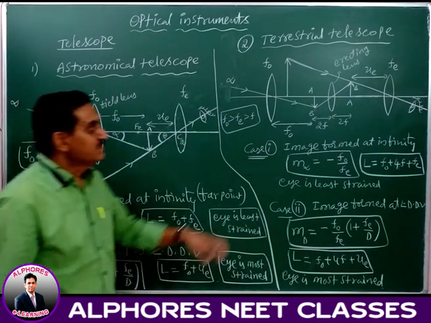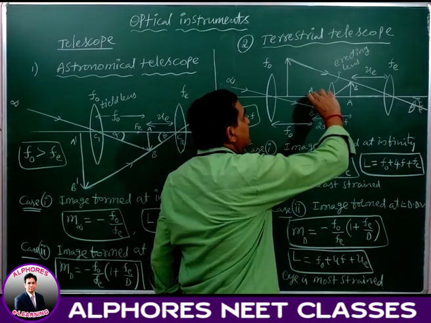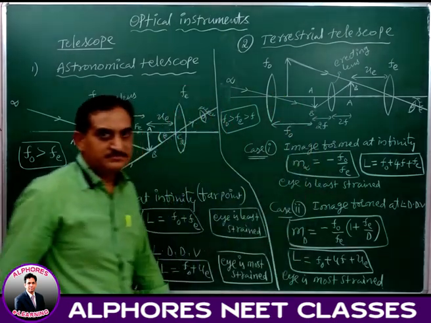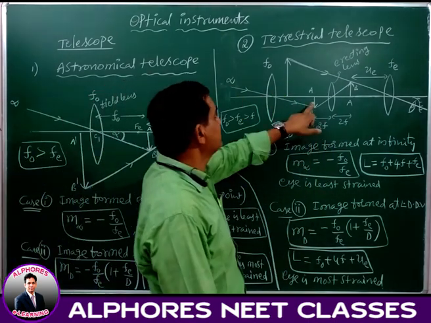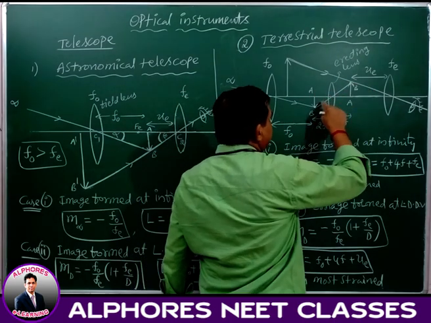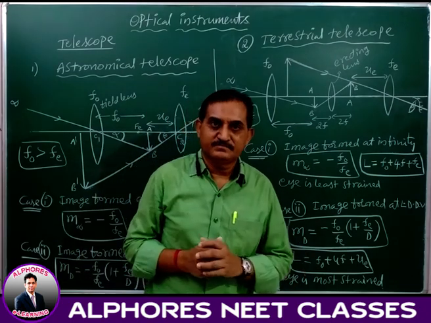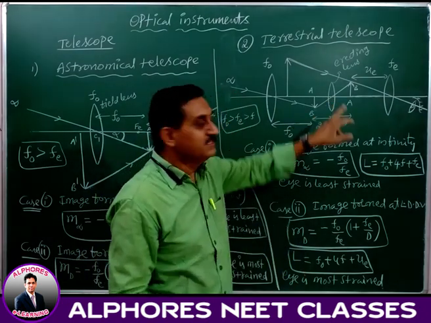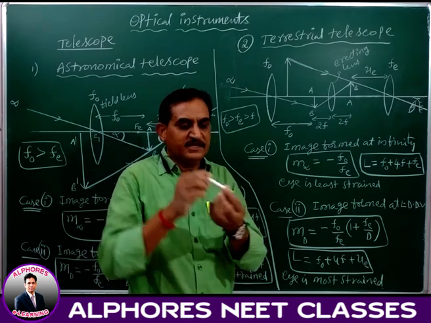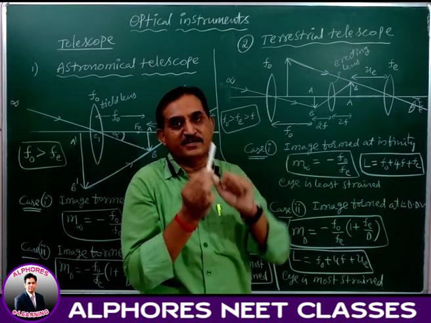The erecting lens just reverses the image formed by the field lens. The image formed by the field lens is inverted and will be erected by the erecting lens without changing its magnification. The duty of the erecting lens is only to erect the inverted image without changing its magnification.